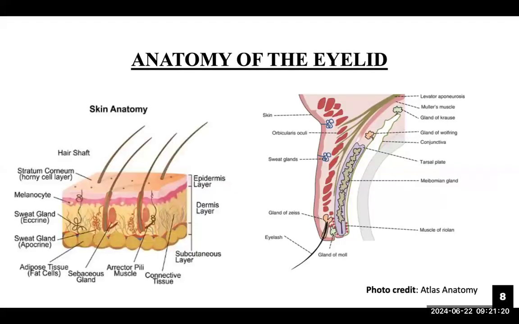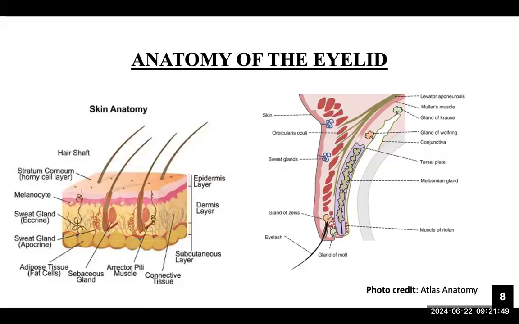So these are diagrams showing the layers of the eyelid. From the diagram on the left, you can see the superficial epidermal layer, and then the thicker deep dermal layer, which contains the, I hope the diagram is clear enough, you can see the hair follicles and the sebaceous glands, and then the sweat glands.